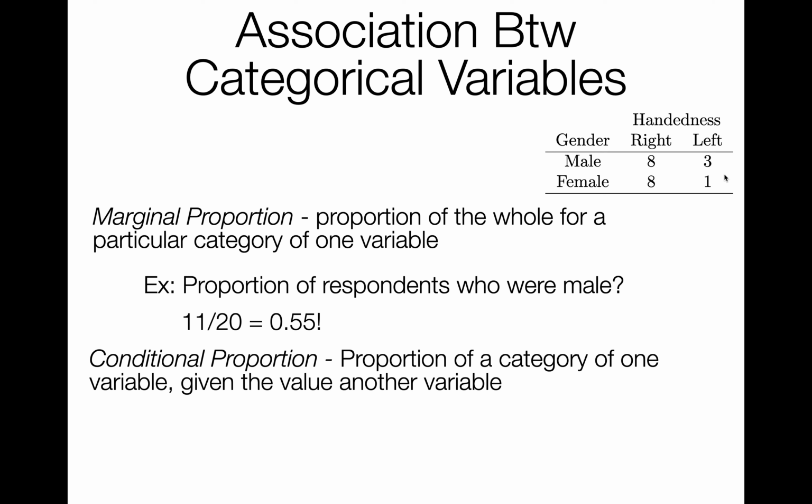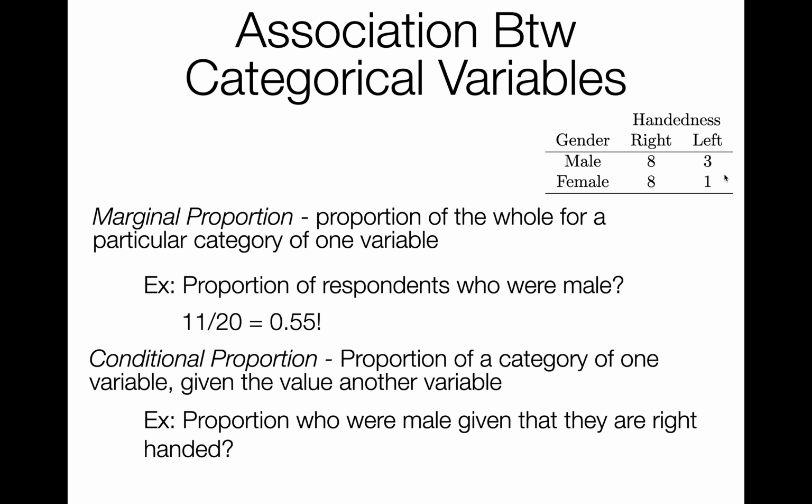That given part is very important. So here's a question that you would see for a conditional proportion. I want to find the proportion of people who are male given that they're already right-handed. So given that you're right-handed, what's the proportion of males there were?